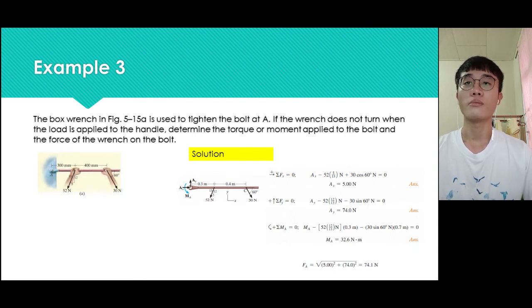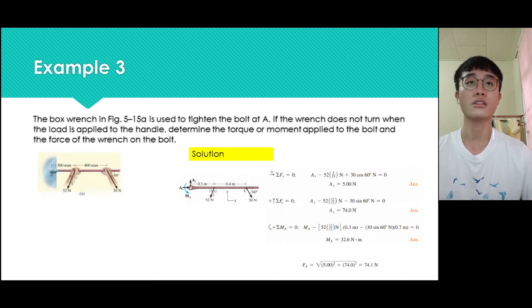The formula of moment is the force applied multiplied by the distance from the pivot, which here is the distance from the bolt. Also make sure that the force applied is perpendicular to the distance from the bolt.